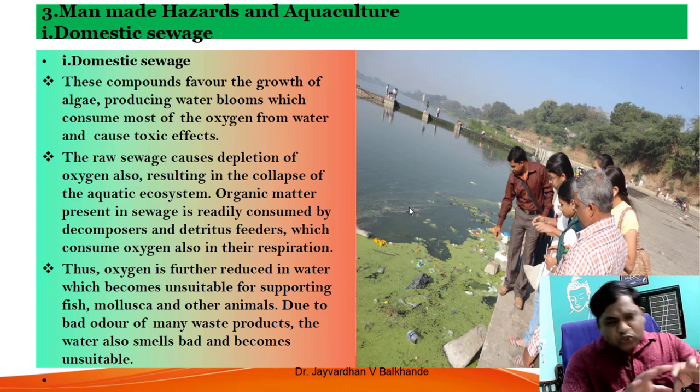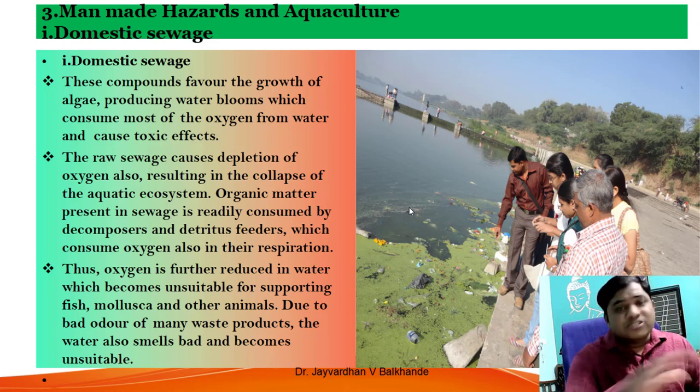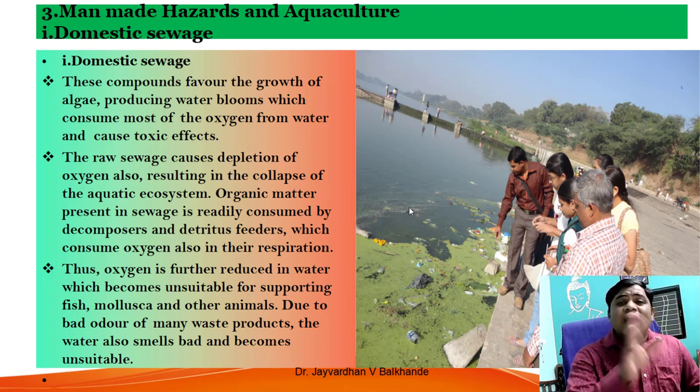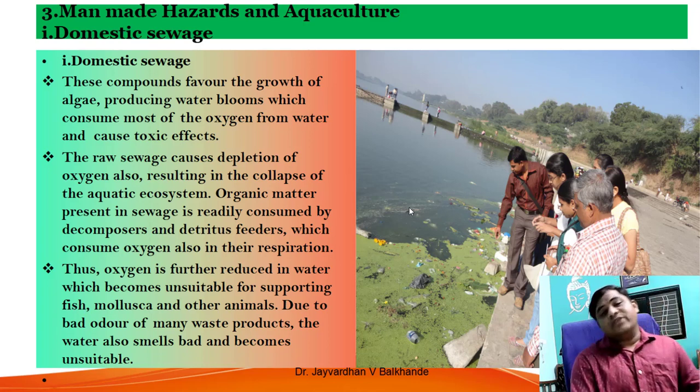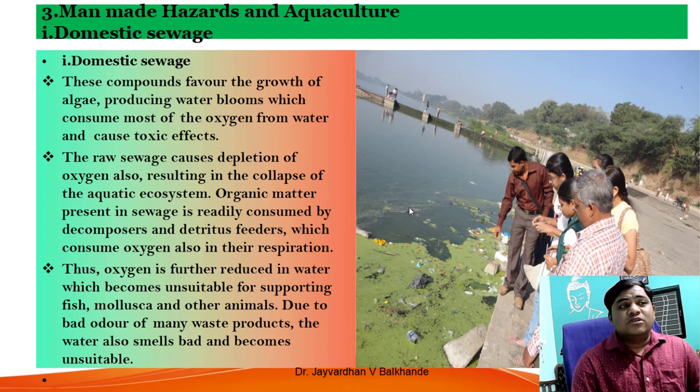Most of the dissolved oxygen present in the water can be utilized by these algal blooms, and if they take more oxygen than the animals, then it is very toxic to the other animals. The raw sewage also causes depletion of oxygen, resulting in the collapse of the aquatic ecosystem.